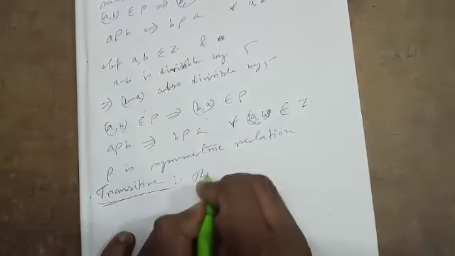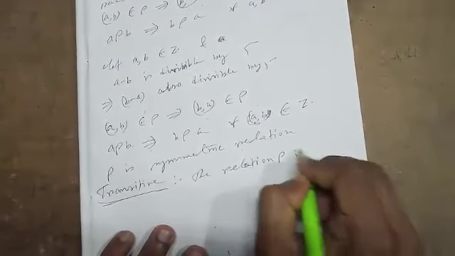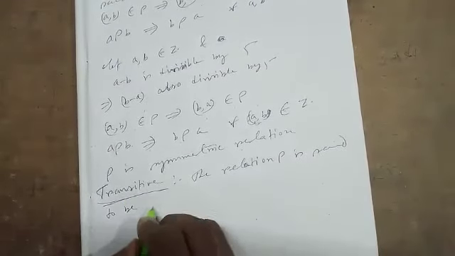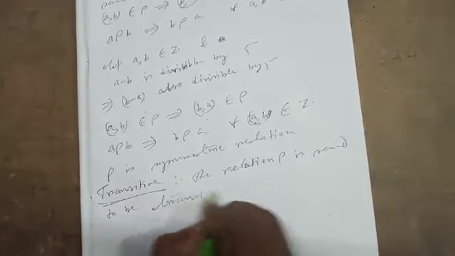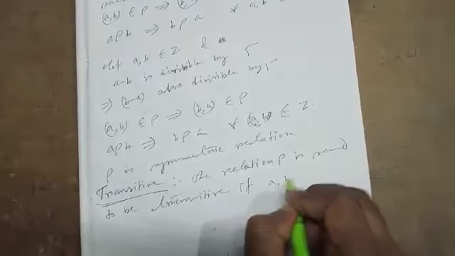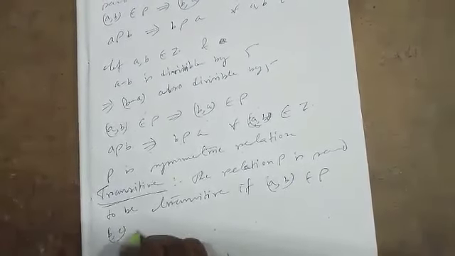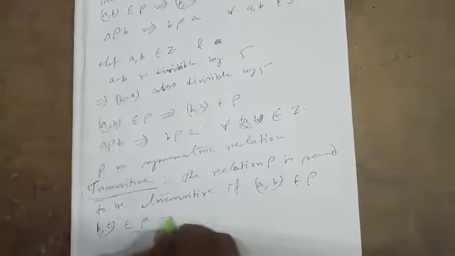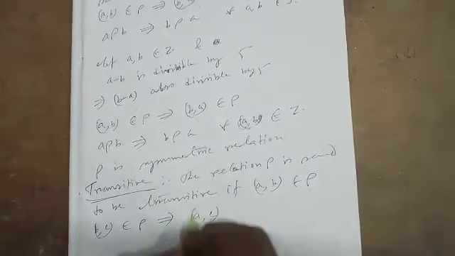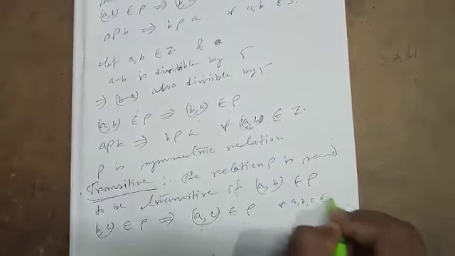The relation rho is said to be transitive if (a, b) belongs to rho and (b, c) belongs to rho, this implies (a, c) also belongs to rho for all a, b, c belongs to S, a non-empty set.